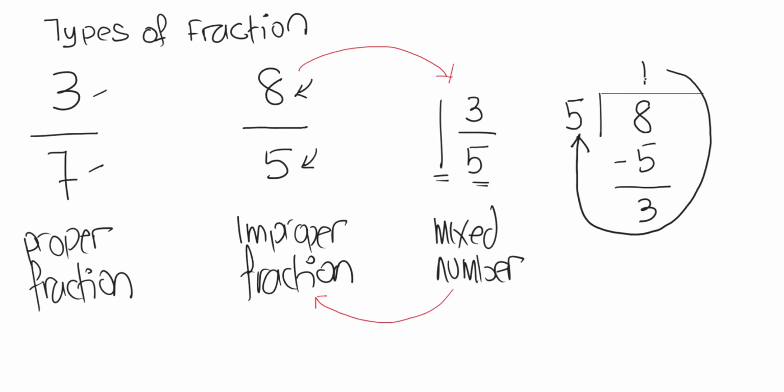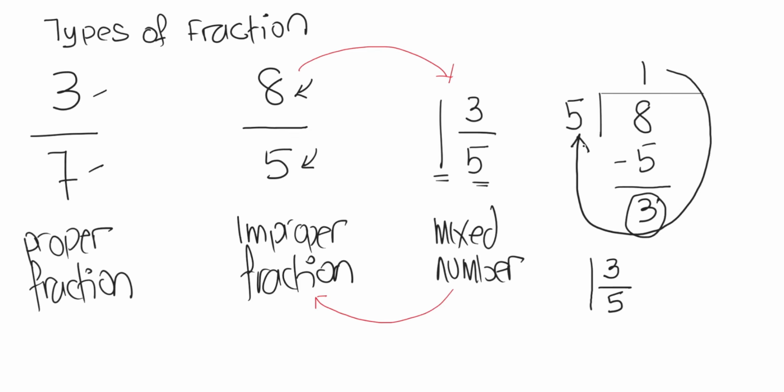The quotient here, 1, becomes the integer. The remainder becomes the numerator, and the divisor becomes the denominator. So 1 3 over 5. Can you see how 8 over 5 became 1 3 over 5?